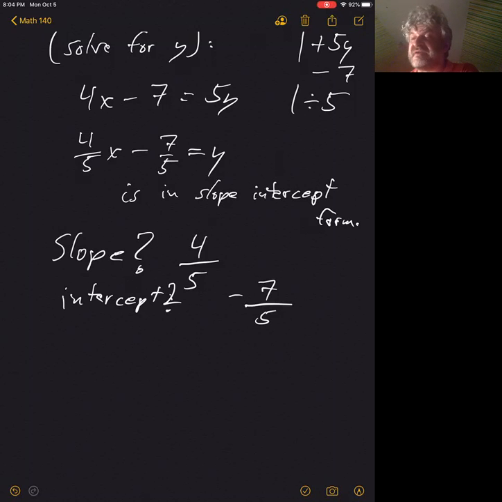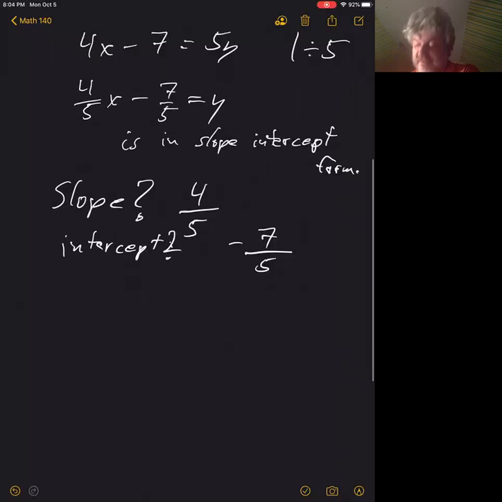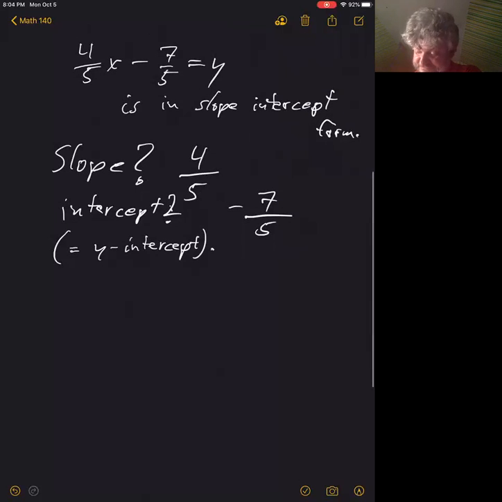What else can we do? We can talk about x and y intercepts. The y-intercept is the intercept that we've been talking about before. And then there's such a thing as an x-intercept.